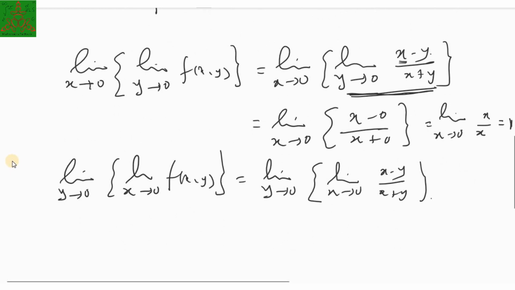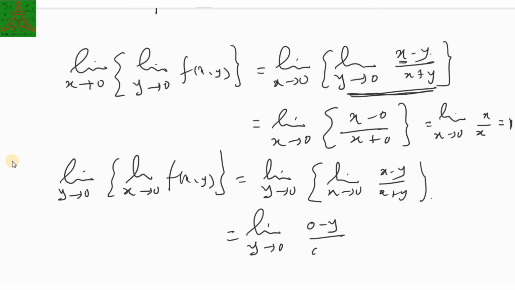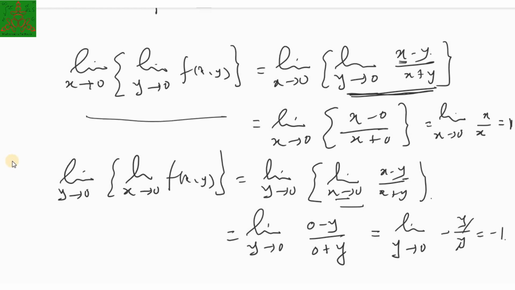That is limit y tends to 0 of (0 minus y) upon (0 plus y), because you are taking it in the same manner as above: y is treated as a constant and you are taking limit x tends to 0. That will give me limit y tends to 0 of minus y upon y, that will cancel out, so the answer is minus 1. So here one repeated limit is 1, another one is minus 1.